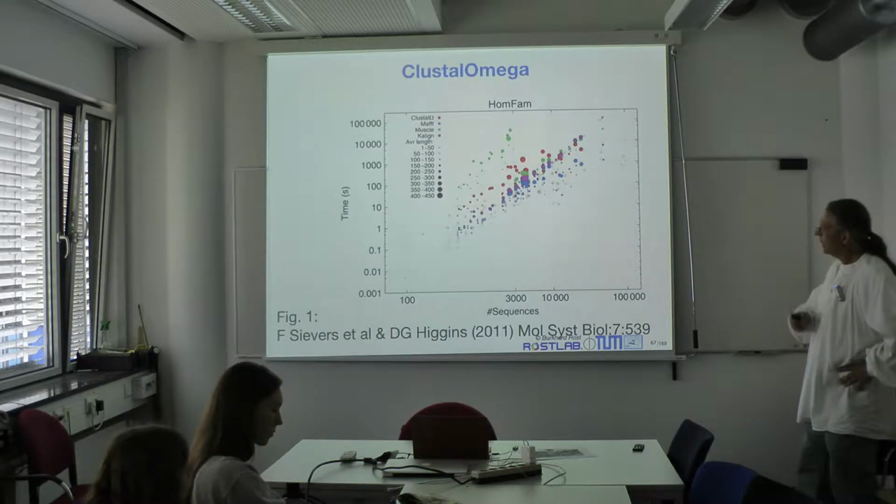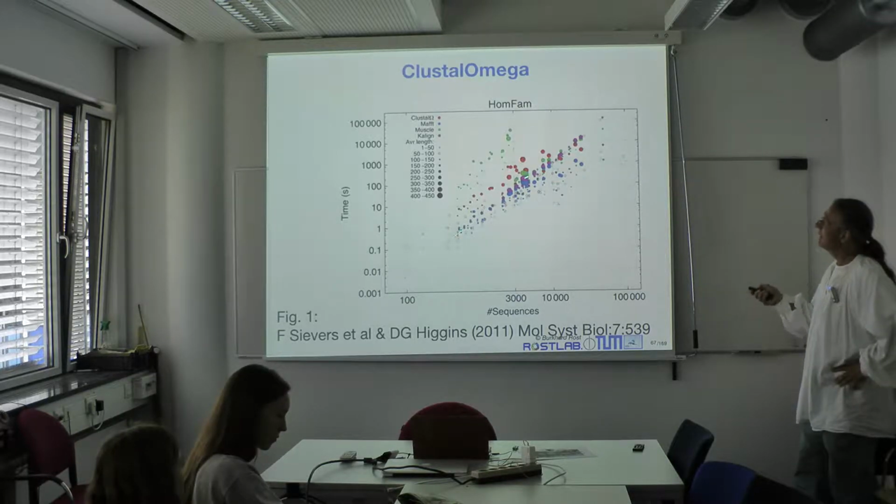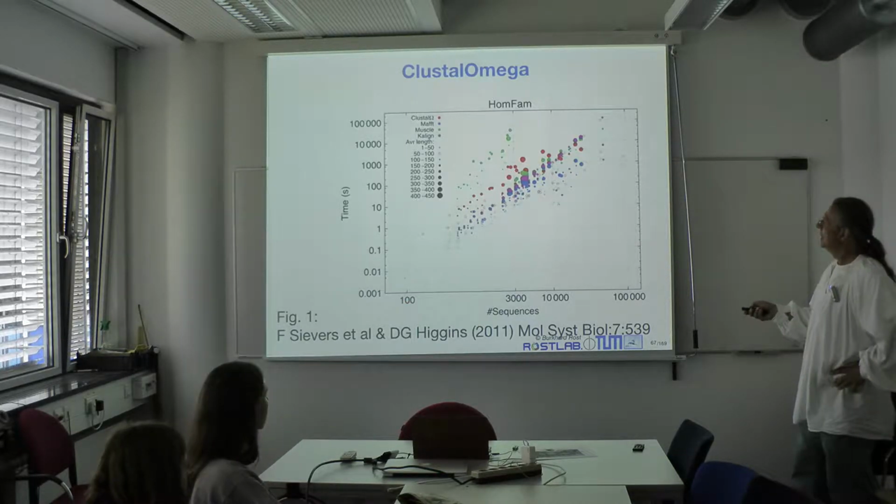One issue about Clustal is time. So this Clustal Omega shows here that it scales in a way in which Clustal is in red, Clustal Omega. The time is somehow still okay in terms of number of sequences, number of members of a family here.